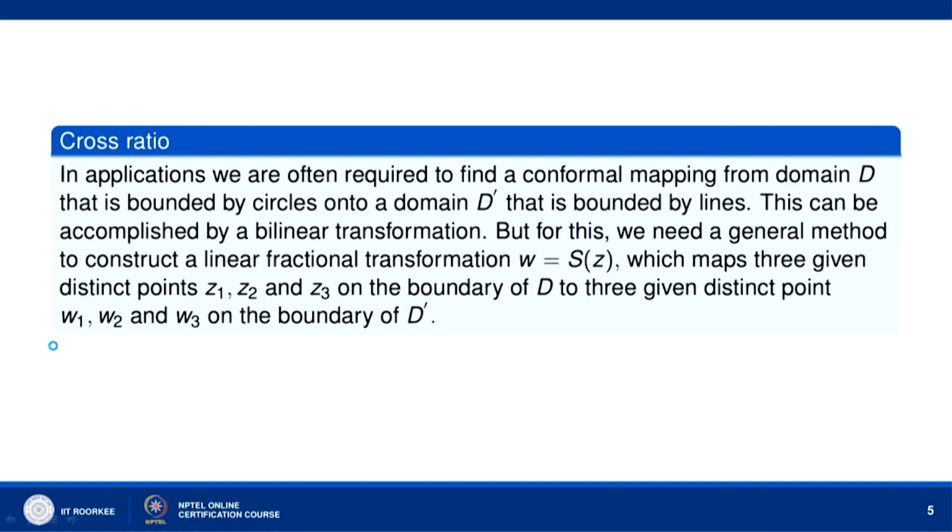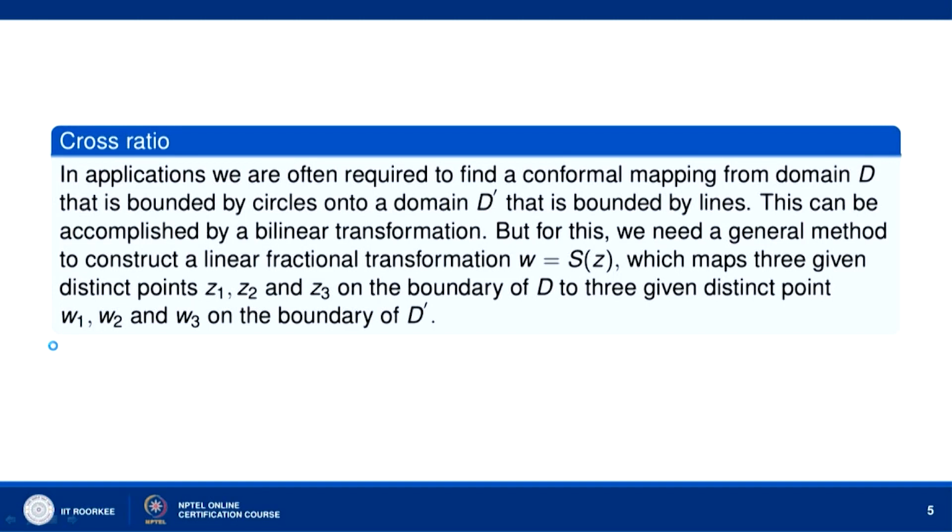We can accomplish this by a bilinear transformation, but for this we need a general method to construct a linear fractional transformation w equal to S(z), which maps three given distinct points z1, z2, z3, because to draw a circle we need three non-collinear points in the plane, on the boundary of D to three given distinct points w1, w2, w3 on the boundary of D dash.